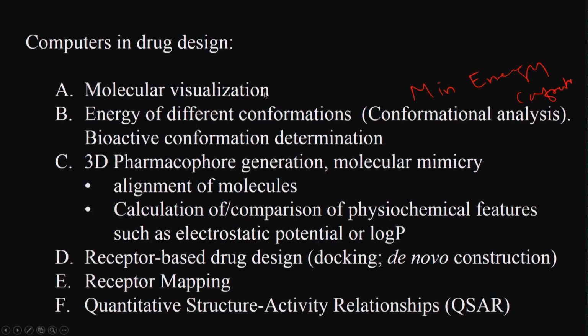And then we can do docking, like I said, dock the drug to the enzyme or receptor and see how they dock. We can look at the receptor mapping. Then we can do quantitative structure activity relationship studies. That means, what are the structural features that give you activity? Can I get a mathematical relation between the structural features and activity? That sort of studies. We are going to talk more about all these in detail.